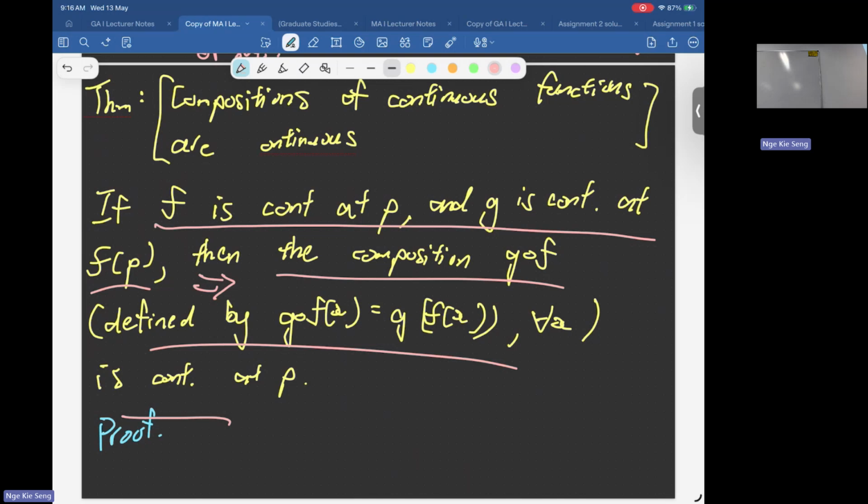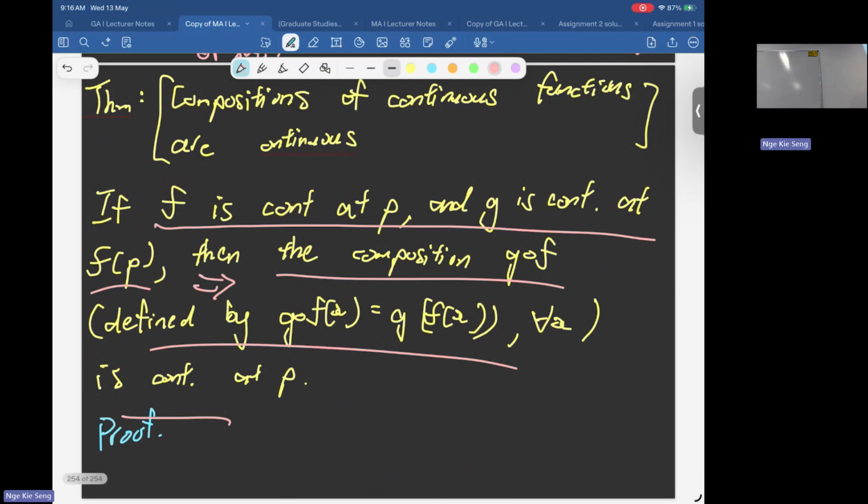In a sentence there should be a subject and a predicate. The subject here is the composition, this is the function, and you want to show that this function is continuous.